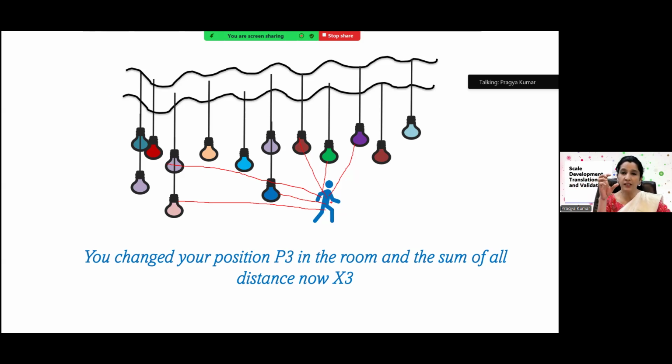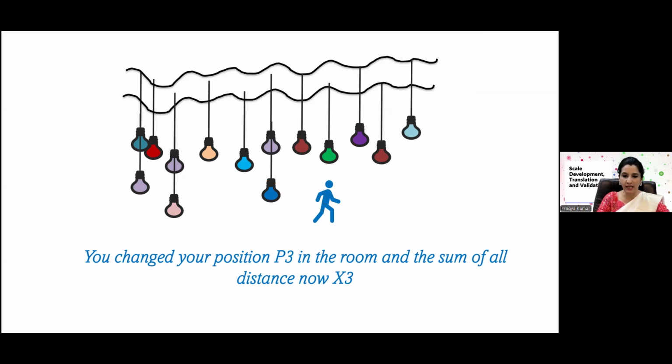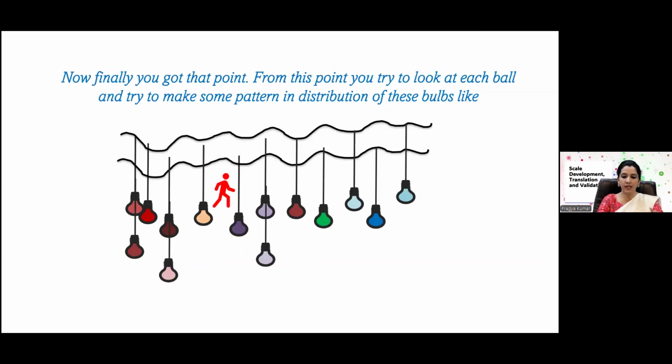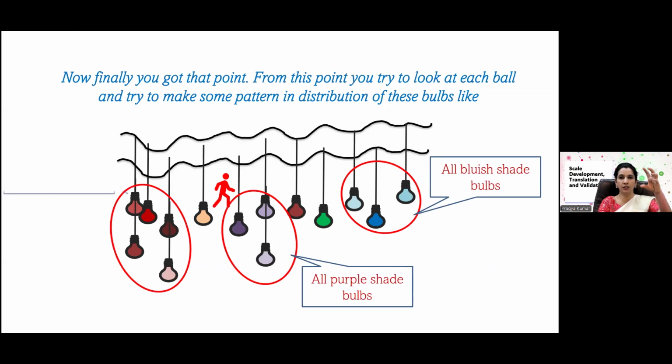So rotation gives you the position from where you can have the minimal error, and from that position, if you club these items together in your psychological domain, that is known as the factor. So these factors are made from a place of the latent construct where the distance between the latent construct and the items is minimal, meaning errors are minimal.